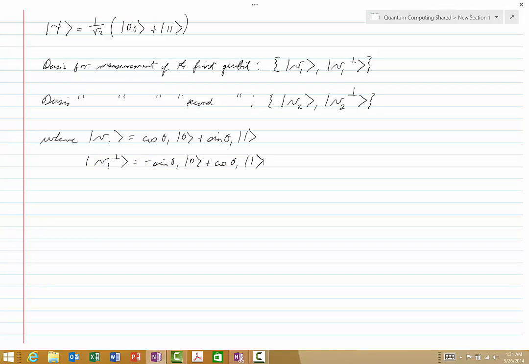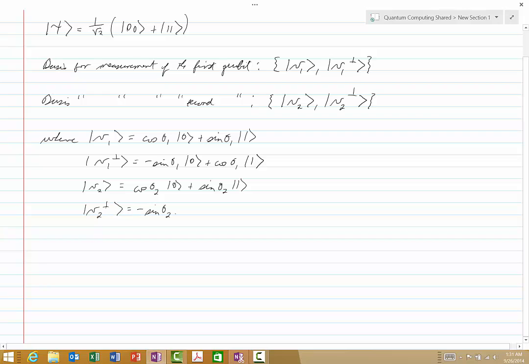And then, as you might guess, V2 is cosine theta 2 |0> plus sine theta 2 |1>, and V2 orthogonal is minus sine theta 2 |0> plus cosine theta 2 |1>.